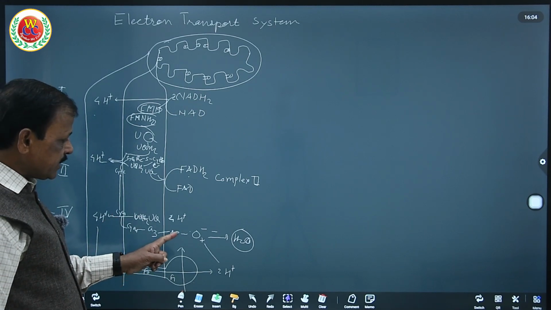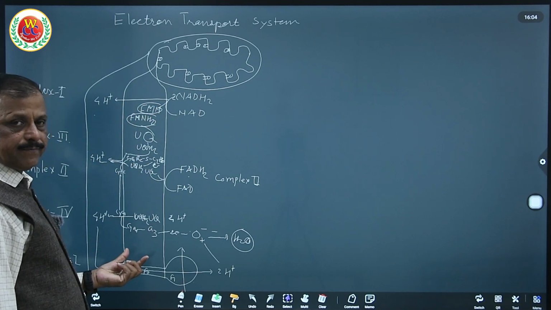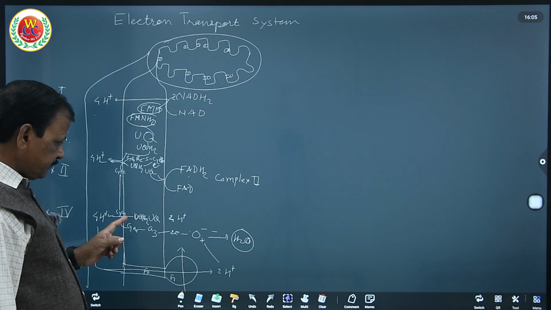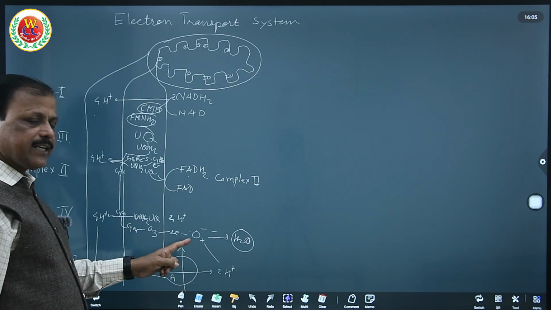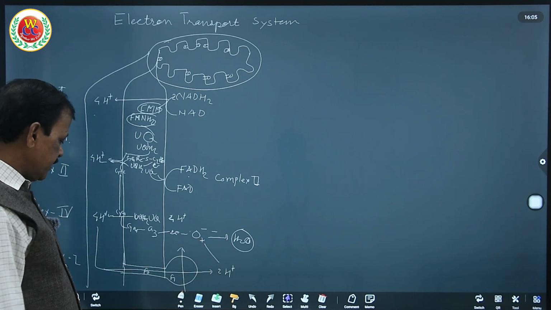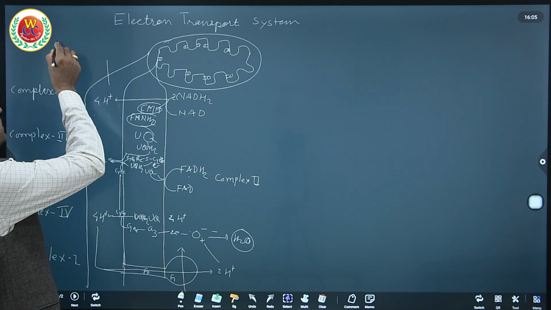So finally the electron is released into the matrix. This is the inner membrane space through which that electron is received and transported across, so that it finally reaches the matrix, generating H2 by controlling the H positive ion. This proton gets accumulated in the inner membrane space.